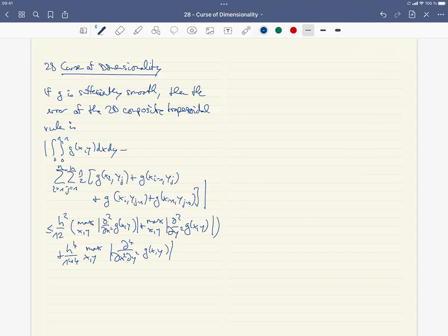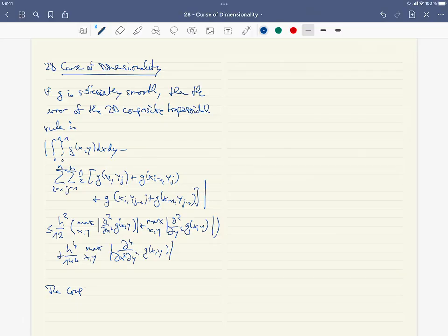Okay, so what's the dominating error term? That's of course the h squared term. If h is really small, then the h to the 4th goes to 0 much faster. So this is the dominating error term, and this is how the rule behaves.